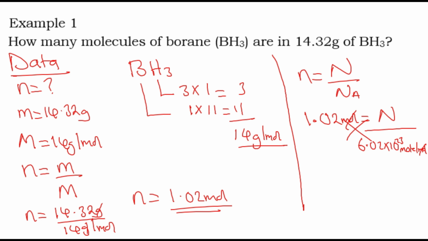Then when you cross multiply, number of particles is equal to 6.14 by 10 to the power 23 molecules. I just don't have space to finish that, so let me rewrite that.